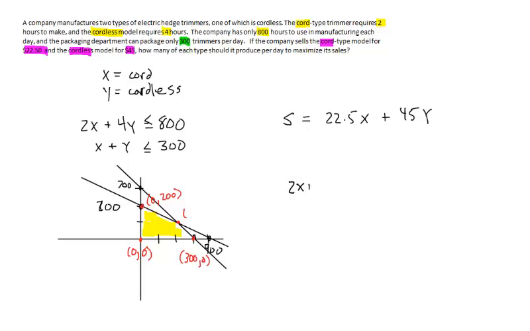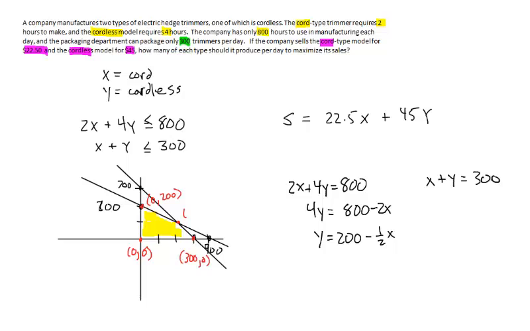So I have 2x plus 4y equals 800, so 4y equals 800 minus 2x, and y equals 200 minus 1/2 x. Then we also have x plus y equals 300, so y equals 300 minus x. Now if we set the two equal to each other, we find where they intersect.